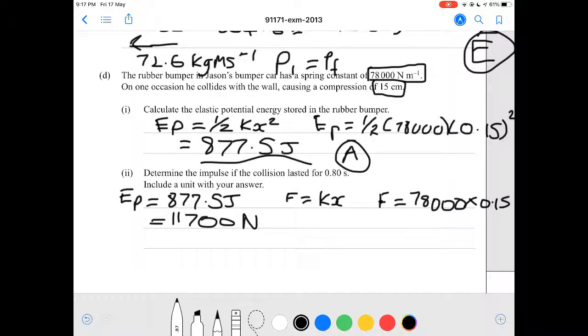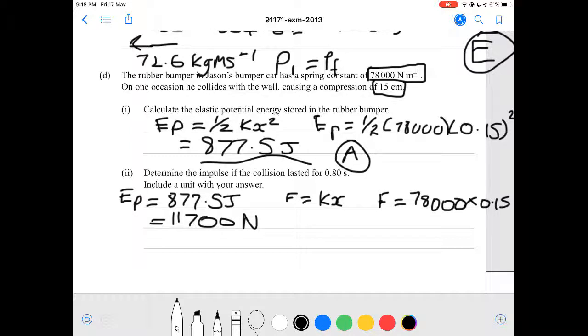You might be thinking, wow, that's a lot of force and only a really tiny compression. Well, that's because the spring is really stiff. As you can see, it's 78,000 newtons per meter. That's saying I need to exert 78,000 newtons of force to make the spring compress only 1 meter.